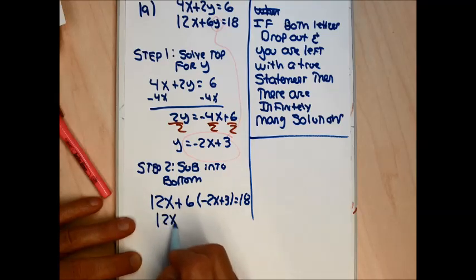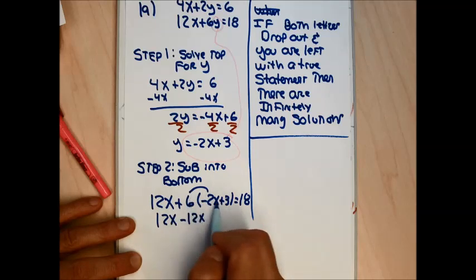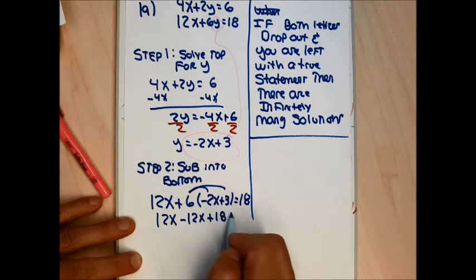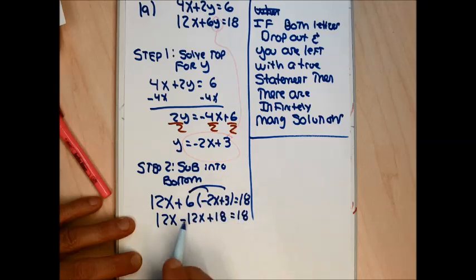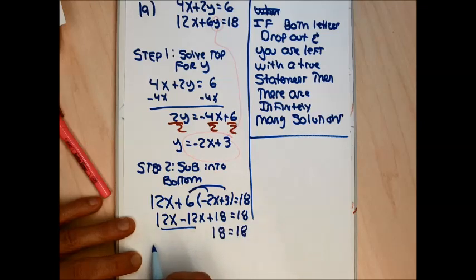So this is going to give me 12x minus 12x, multiplying 6 times minus 2x, plus 18, multiplying the 6 by 3, equals to 18. The 12x's cancel. I have 18 on the left side and 18 on the right side. That means the lines coincide. If you graphed them, they're the same graph. So there's infinitely many solutions.